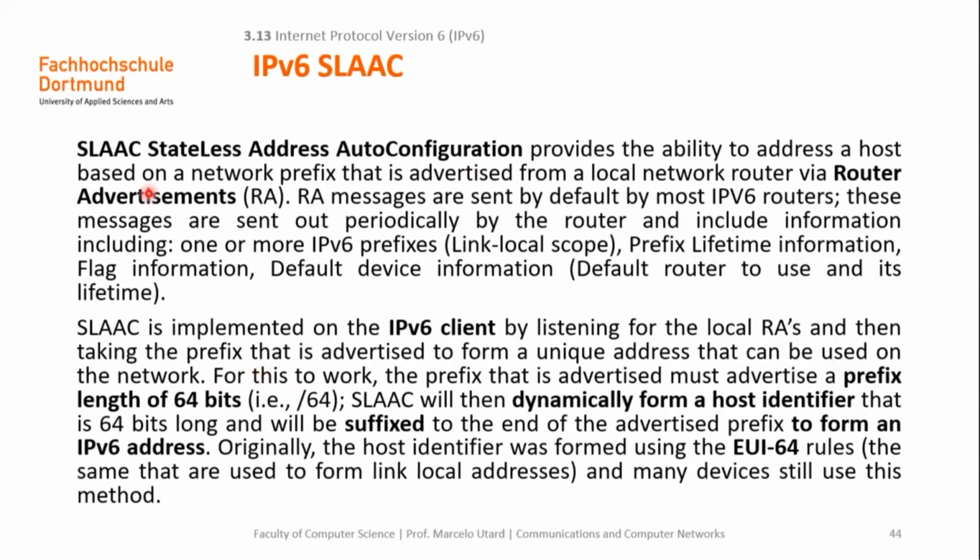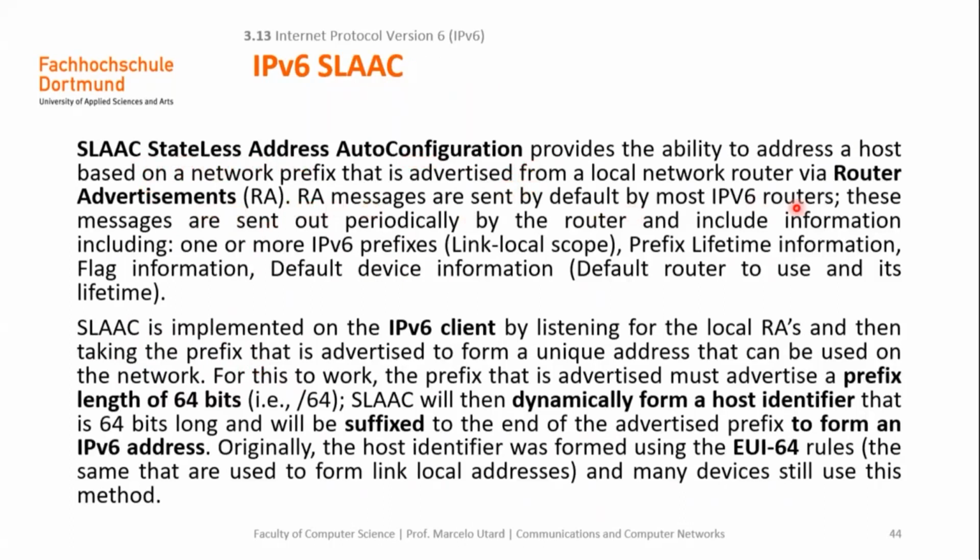Remember, SLAAC, which comes from stateless address auto-configuration, provides the ability to address a host based on a network prefix that is advertised from a local network router via a router advertisement. The router advertisement messages are sent by default by most IP version 6 routers.